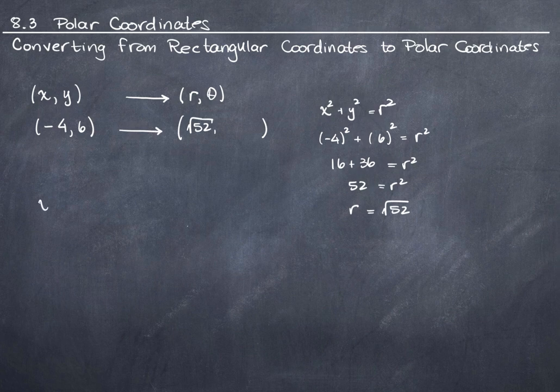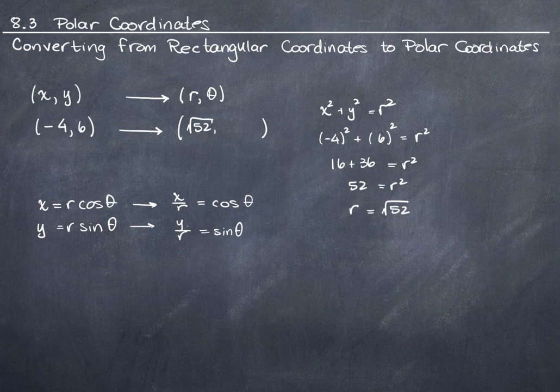We're still going to use the fact that x equals r cosine of theta and y equals r sine of theta. But instead of plugging values in directly, because we don't have r and cosine, we're looking for r and theta, I'm going to rewrite these as x over r equals cosine theta, dividing both sides by r, and y over r equals sine theta.